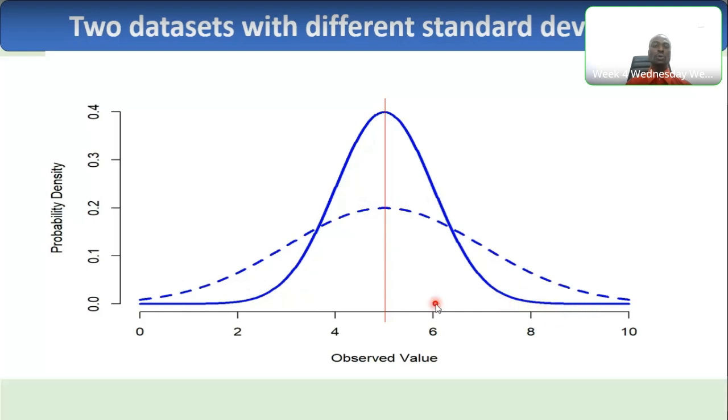So this is a distribution of two different data sets with the same center. This red line represents the center, that is 5. However, because of the difference in their standard deviation, you can see that the spread of the data set is different in the two distributions. Now, what is the implication of this? Let us see that.